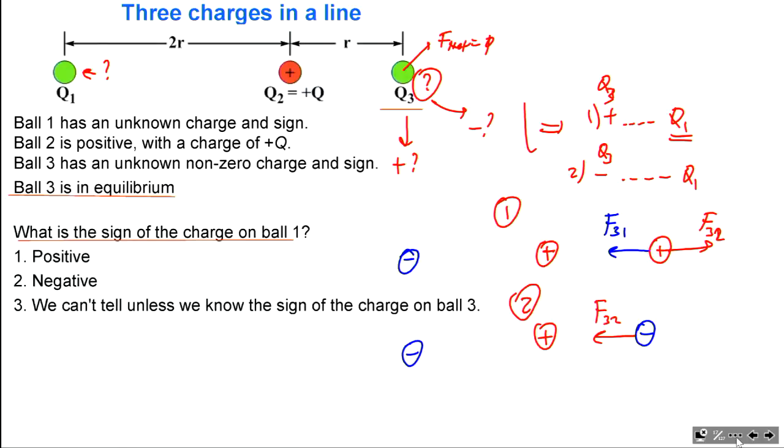To cancel it out, charge number 1 should repel charge number 3. And repulsion means charge number 1 and charge number 3 should have the same polarity. If charge number 3 is negative, charge number 1 has to be negative. But it turns out it doesn't really matter if charge number 3 is positive or negative. In order to be in equilibrium, charge number 1 must be negative no matter what.